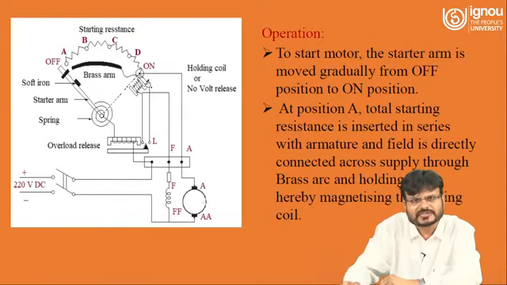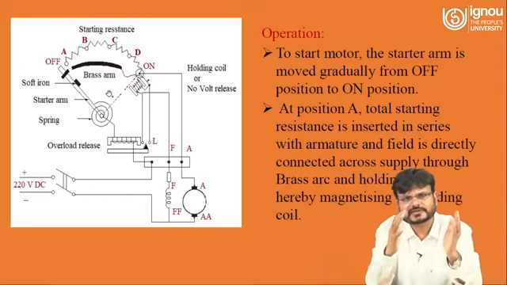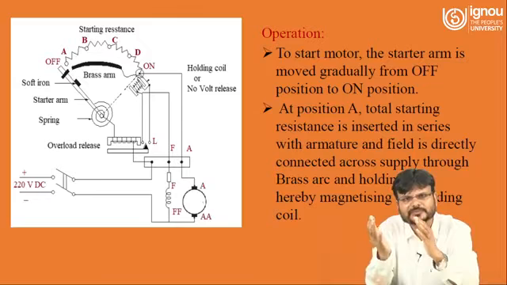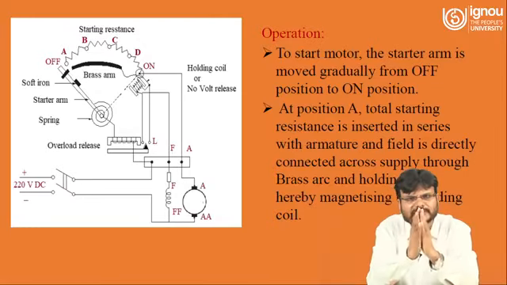This soft iron, when it comes to the on position, comes in contact with this electromagnet and latches. So at this position the total resistance is disconnected from the series of the armature.